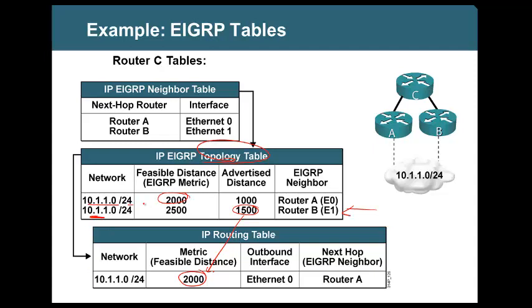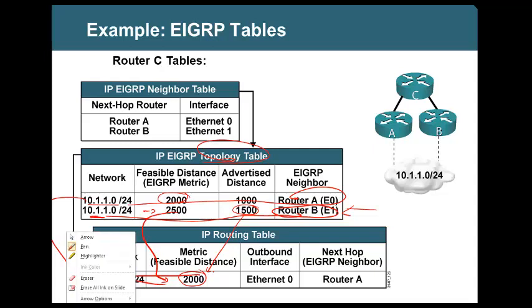This is a successor via router A, and this via router B, because it satisfies the feasibility condition. It is sitting here as a backup path, and only the successor route will be seen in the routing table. When the successor route goes down, this becomes the successor, and this will be promoted to the routing table.